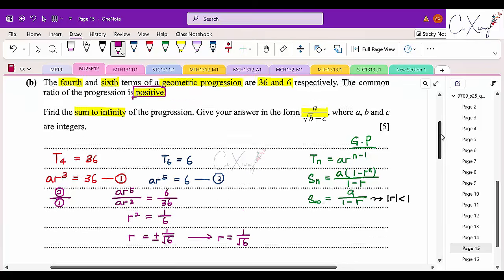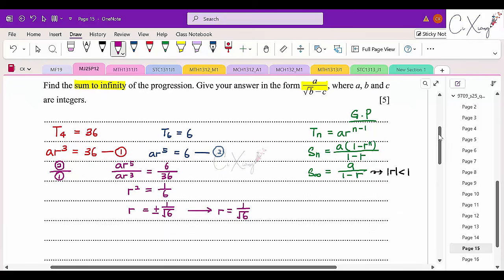Okay, then now let's answer the question. Sorry, I don't have the value of a yet. So let's find out the value of a. How can you find a? You can substitute your r into either the first equation or the second equation. So up to you. For me, I'm using the first equation. a equals 36 divided by r^3.